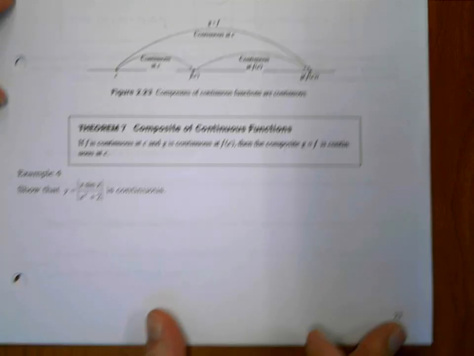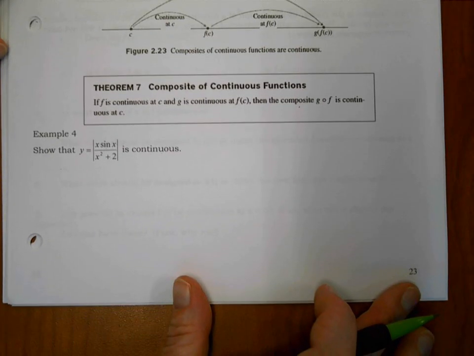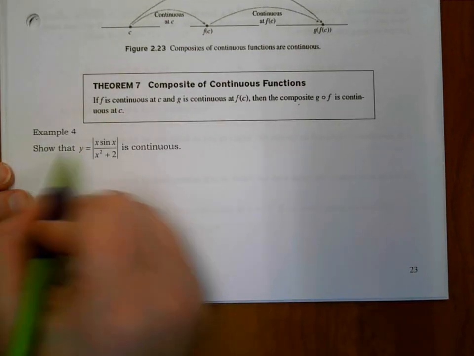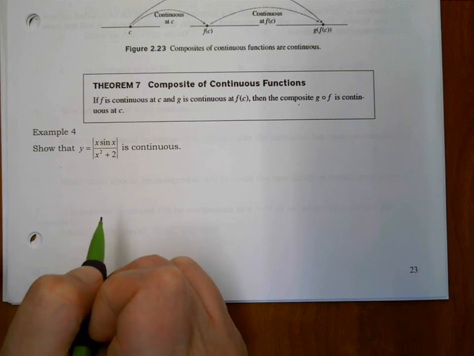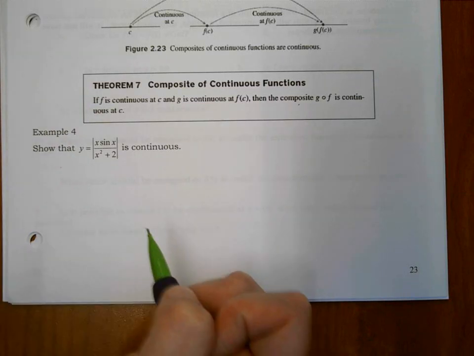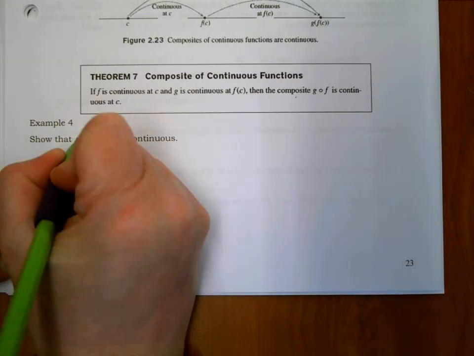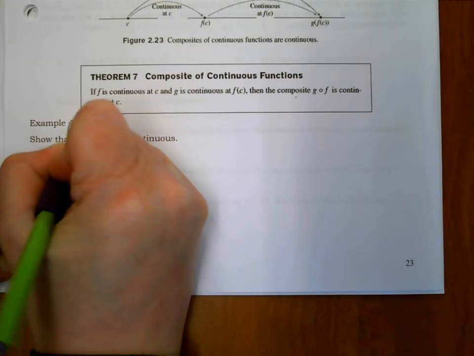Okay, so the way we can think about this is if I were to take this function here and break it down into two different functions that I could then use to create the composite. So let's say I'm going to first rename this f of x.